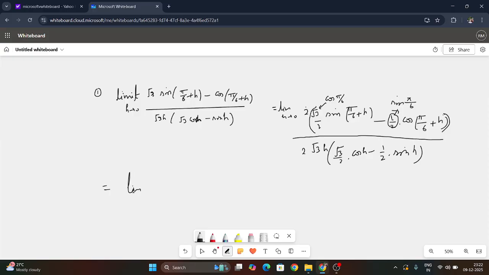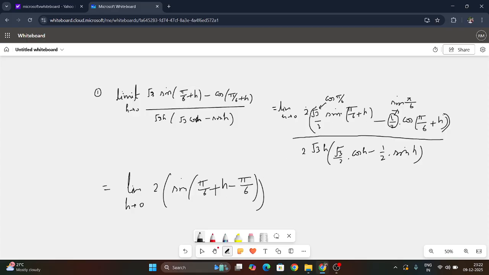So it is going to be limit h tending to 0 of 2, and you can write the numerator as sin a cos b minus cos a sin b, where a is pi by 6 plus h and b is pi by 6, so this is sin(a minus b).